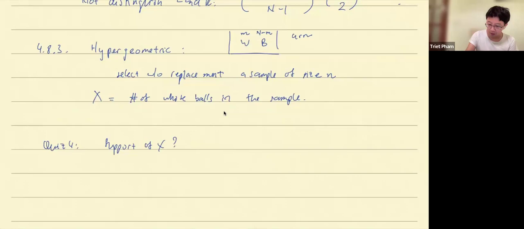Of course, in terms of these numbers. What's the support? What values can X take?